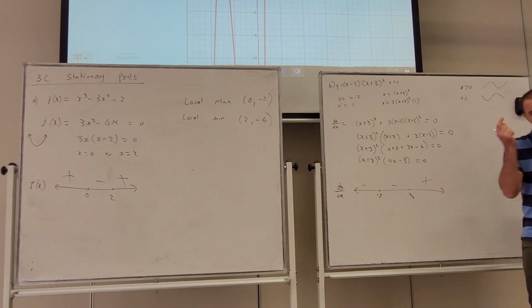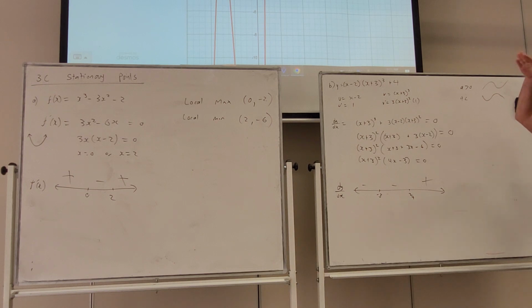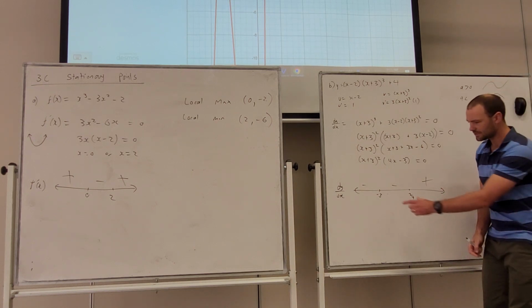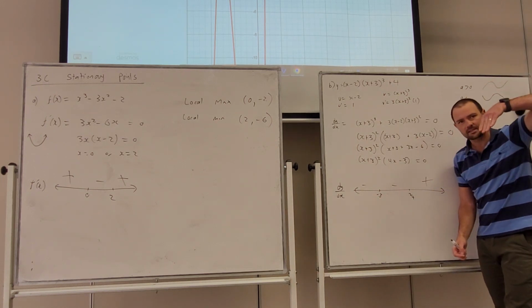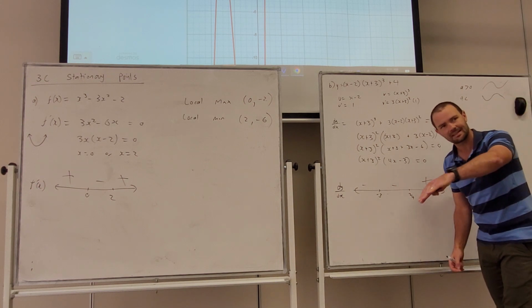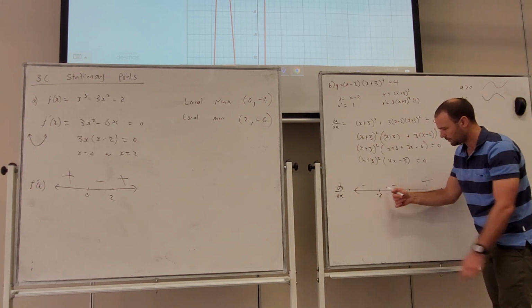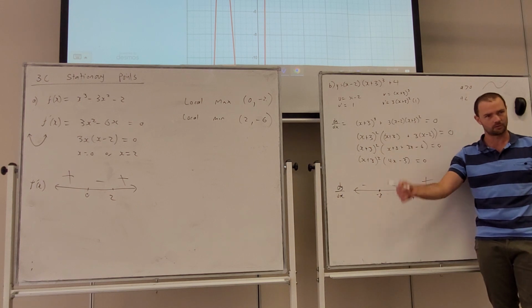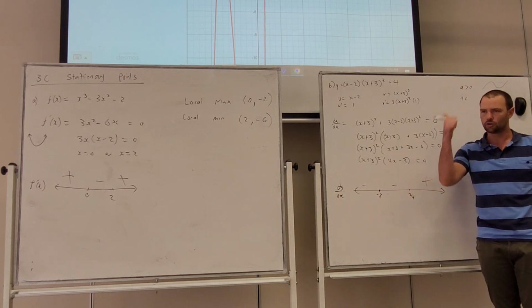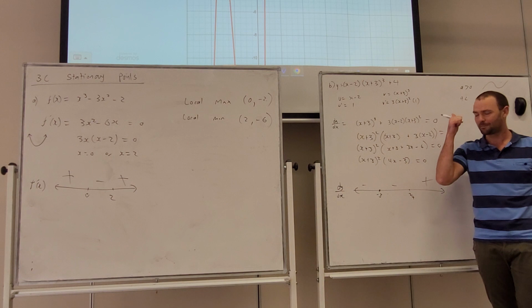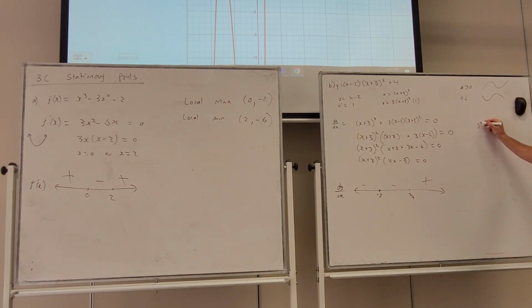Remember, we're using the derivative function to make statements about the original function. So what can we see here? Firstly, it's decreasing, it goes horizontal, and then it keeps decreasing. What's going on there on the function? It's not a local max, it's not a local min, it's what we call a stationary point of inflection. So we have a stationary point of inflection at x is minus 3.